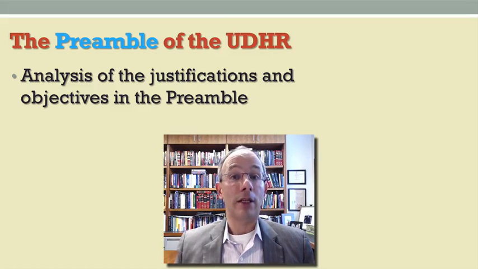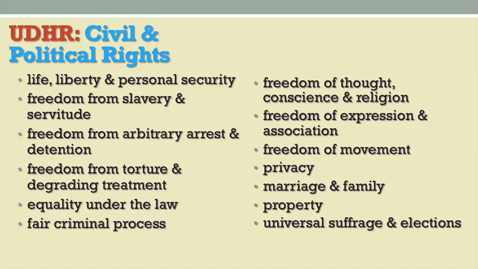And nevertheless, the document listing rights and freedoms is a real achievement, but the absence of a unified justification or rationale might be relevant to some of the more challenging questions of cultural relativism that we'll explore at the end of this week.